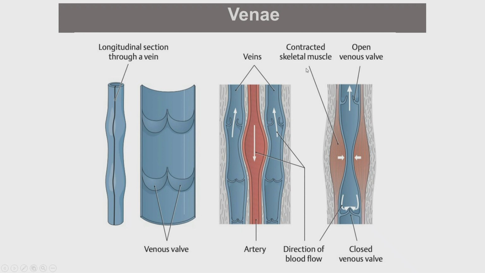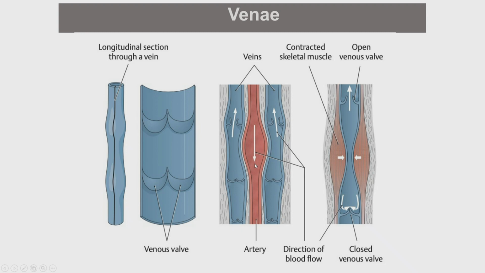So one mechanism is the contraction of the skeletal muscles. The other one, as we mentioned, is that the veins in the periphery are usually double, so they are on both sides of the artery they are passing.